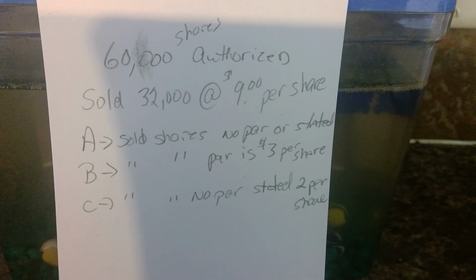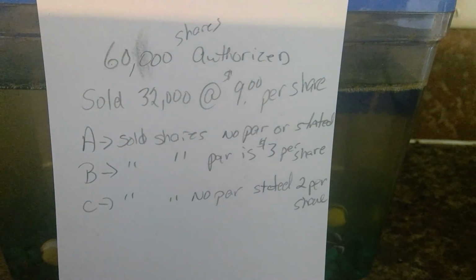Now, you know from your material that you have to balance. And if you do not balance, you're going to use the additional paid-in capital account. Again, it's very easy to figure out. You're going to take the 288,000 and subtract the 64,000.